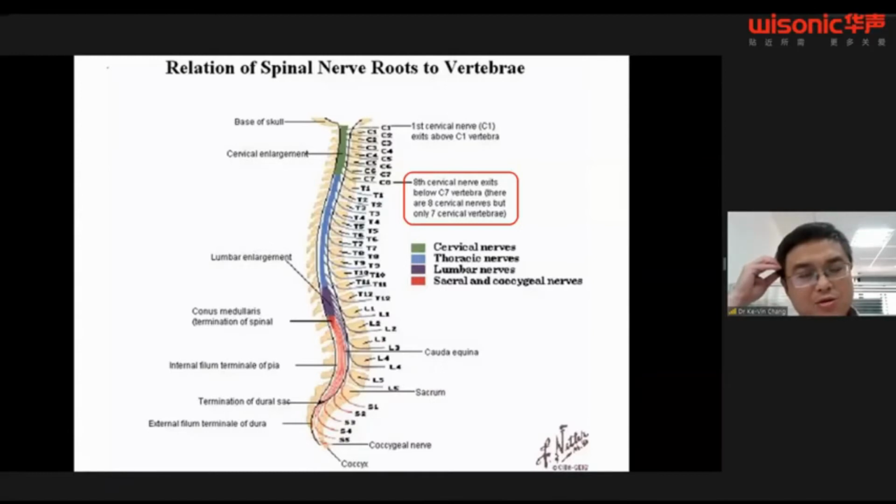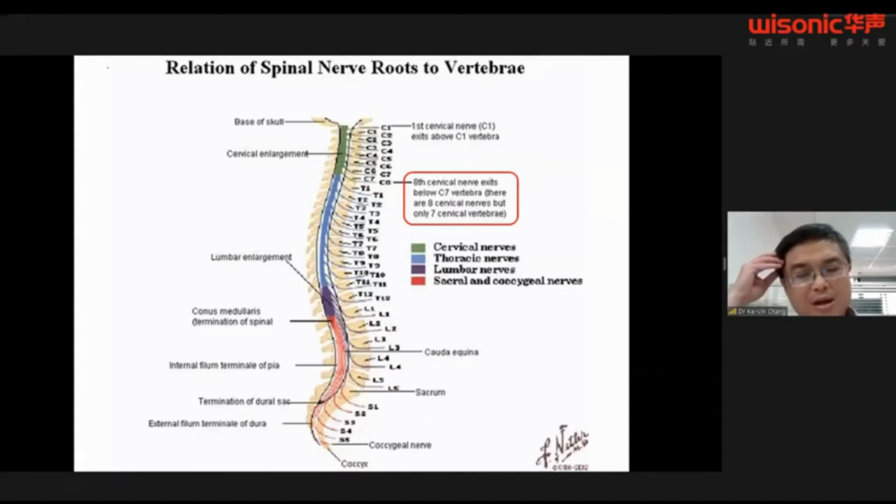And another important thing is, if you want to use ultrasound for guided injection, it's very important to know which level you are scanning and which level you are targeting. We know there are 7 cervical vertebrae, but there are 8 cervical nerve roots.